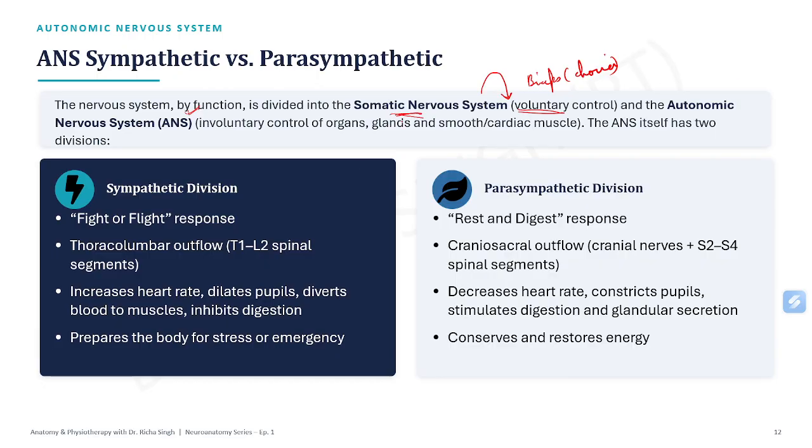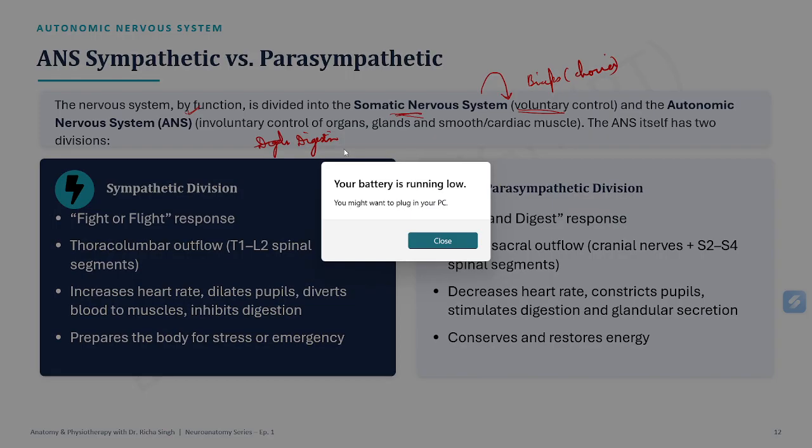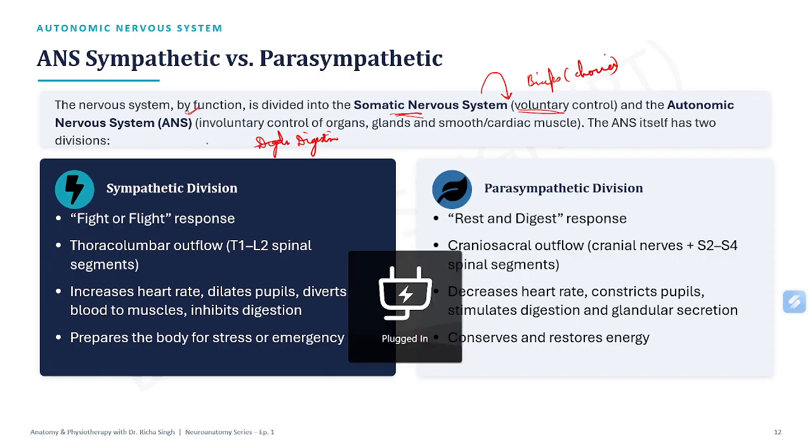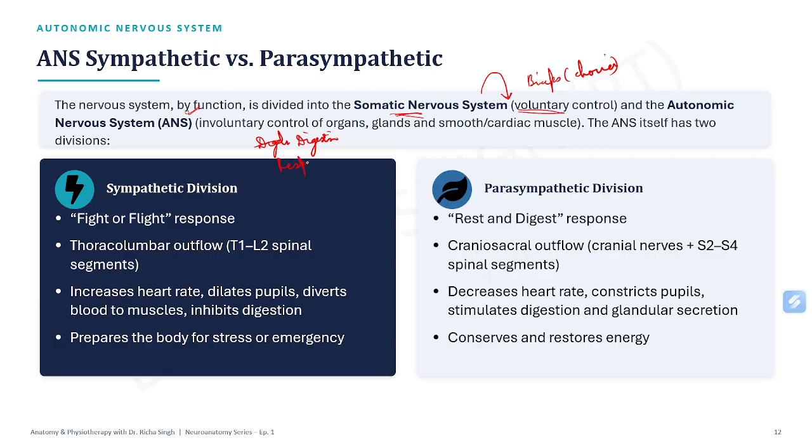But functions such as your digestion, then the respiration, these are the functions which are not under our voluntary control.